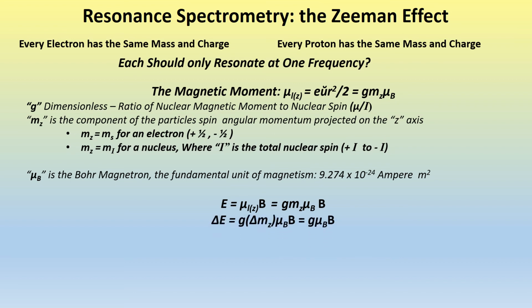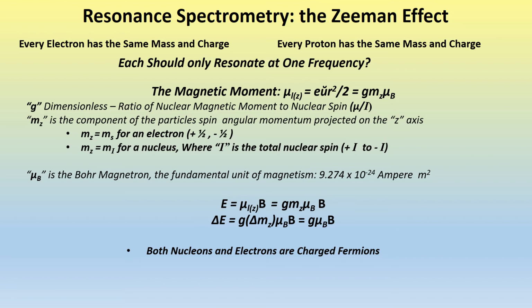Since M sub S and M sub I are both quantum effects, the change can only be plus or minus 1. Therefore, there is a definite difference in energy between, for example, an electron spinning up and an electron spinning down. This is determined by the ratio of the magnetic moment times the Bohr magneton times B, where delta M winds up being 1.